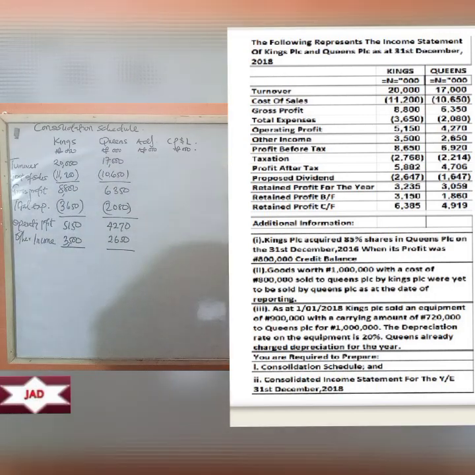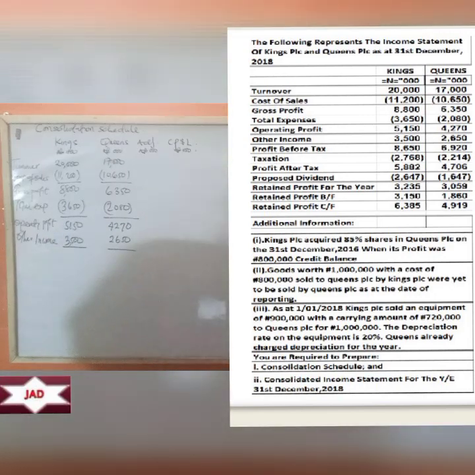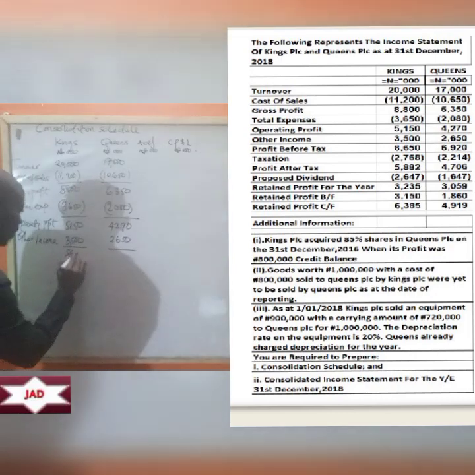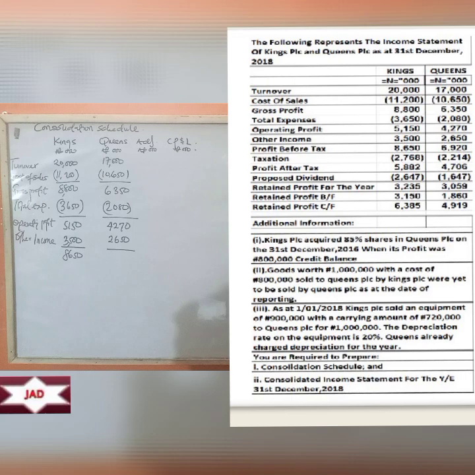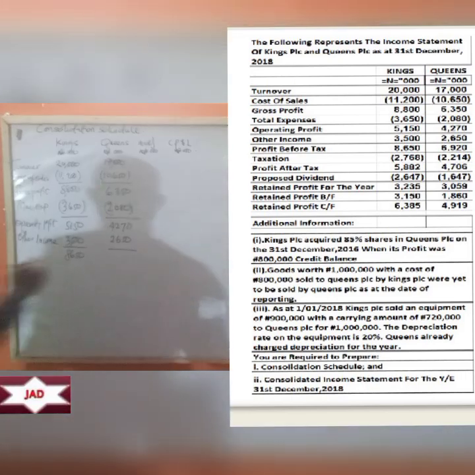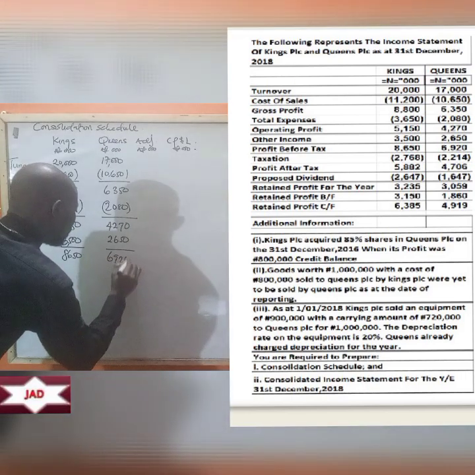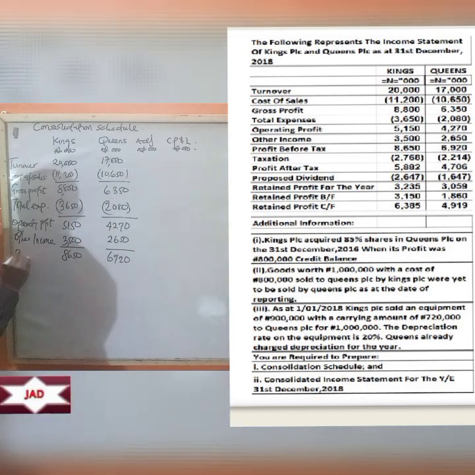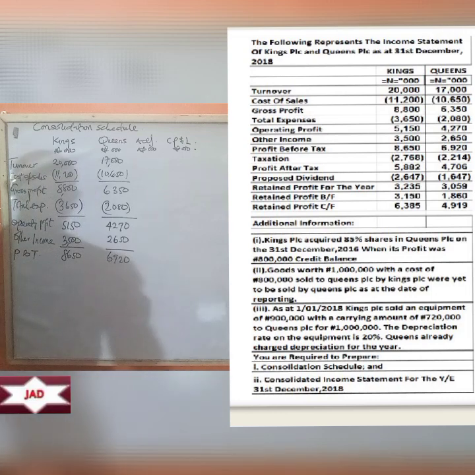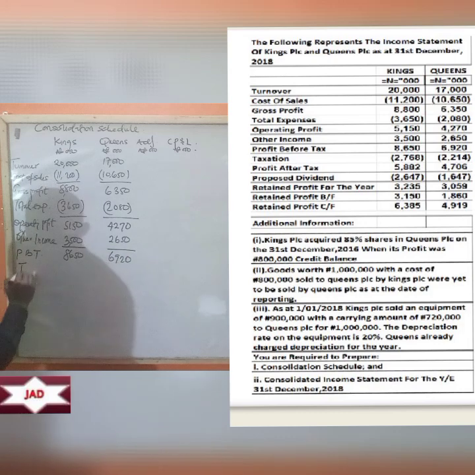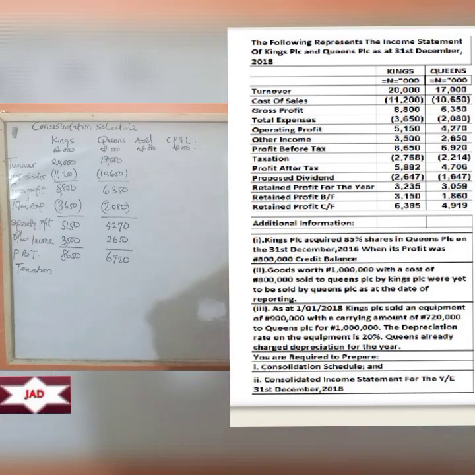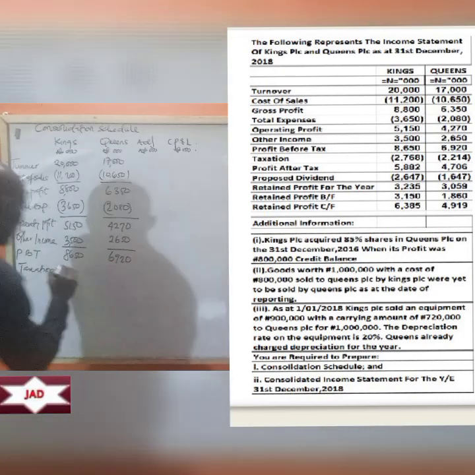What do we have? 8,650. 6,920. So this is your profit before tax. So what's the tax there? 2,768.